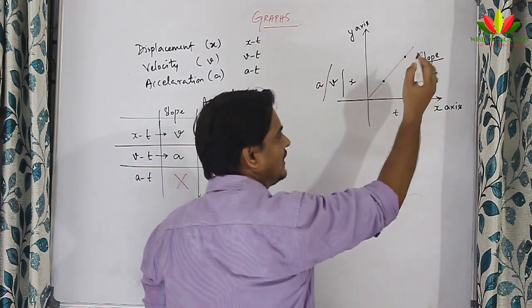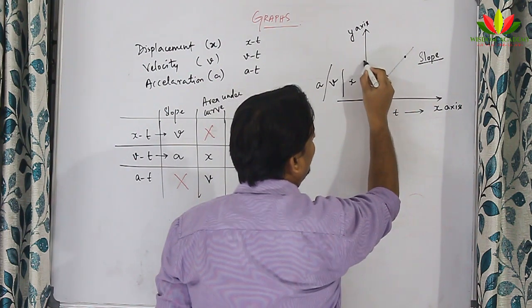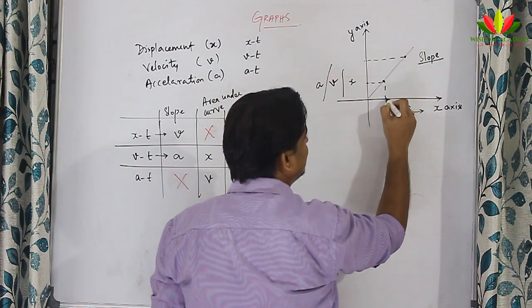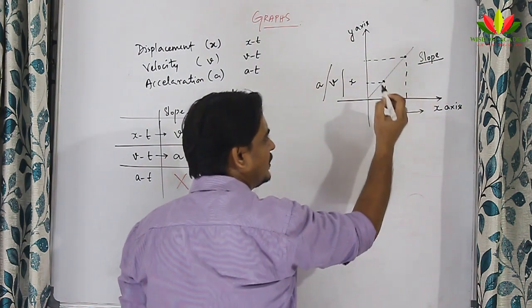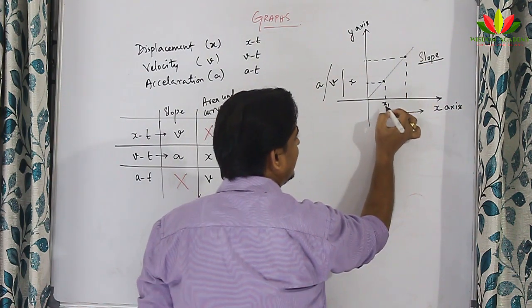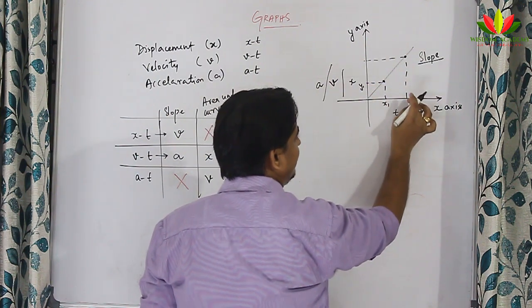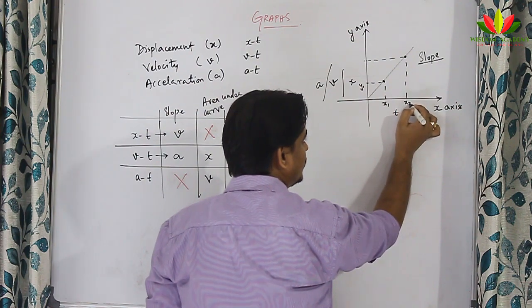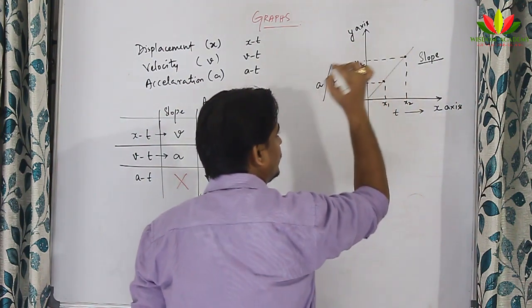I need 2 points on this line. I will find the coordinates on the y-axis and x-axis. The first point has x coordinate x1 and y coordinate y1. The second point will be x2 and y2.